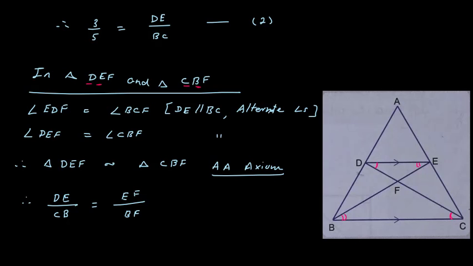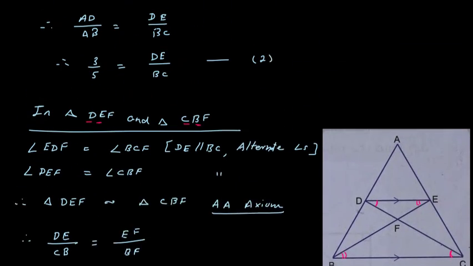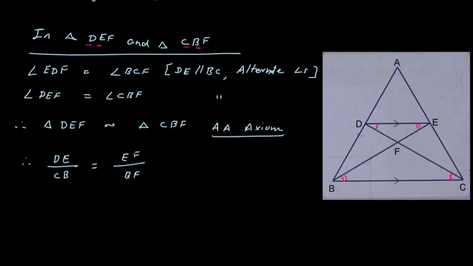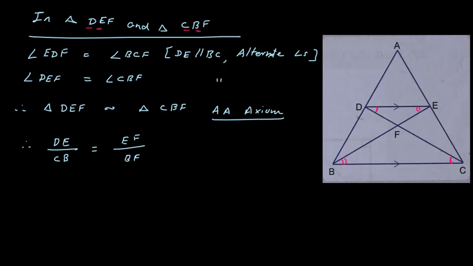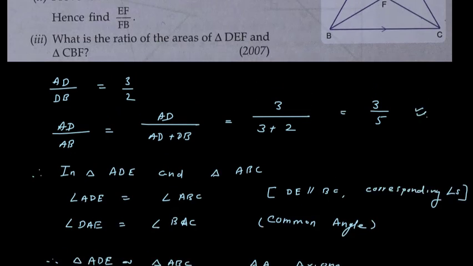From equation 2 we have already found this. Therefore 3 upon 5 is equal to EF upon FB.